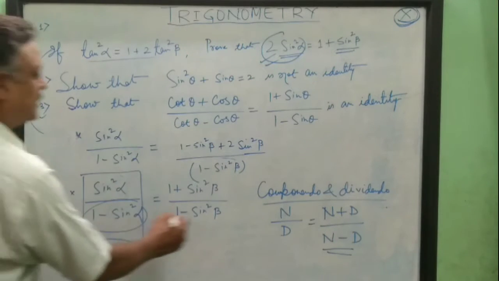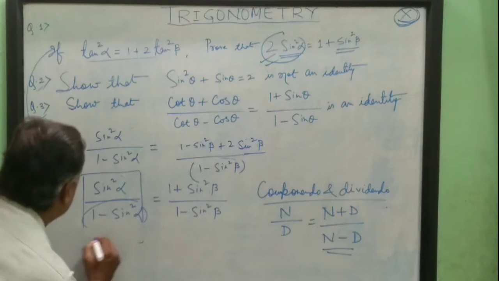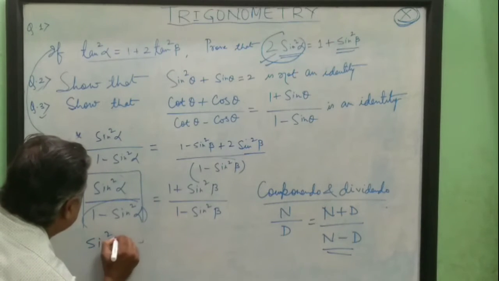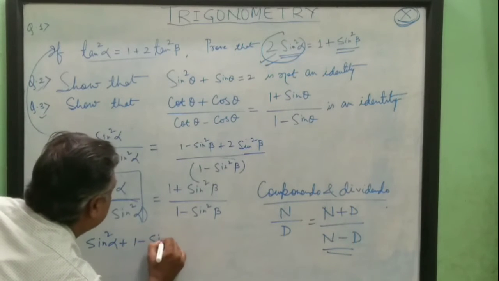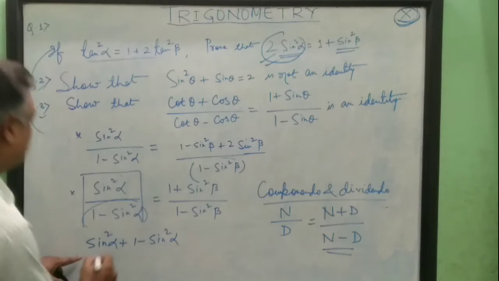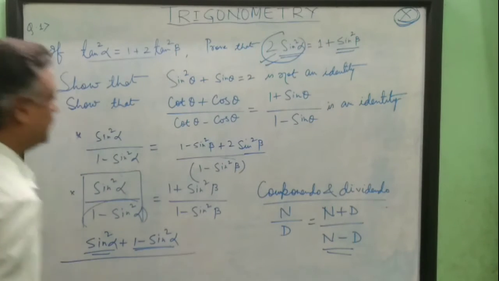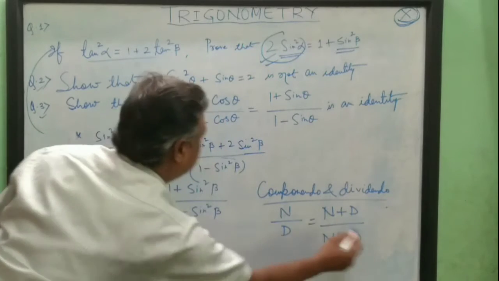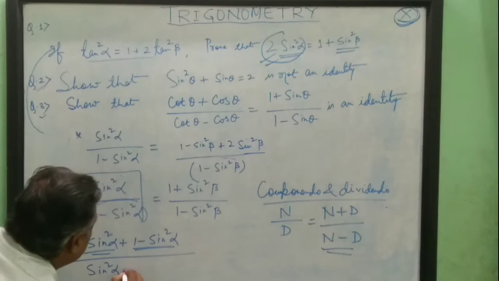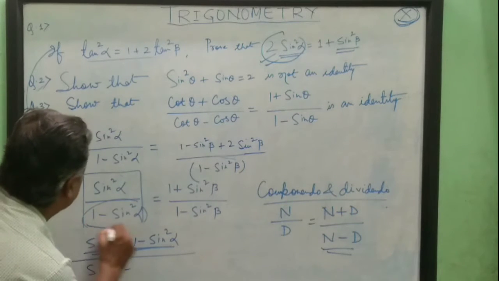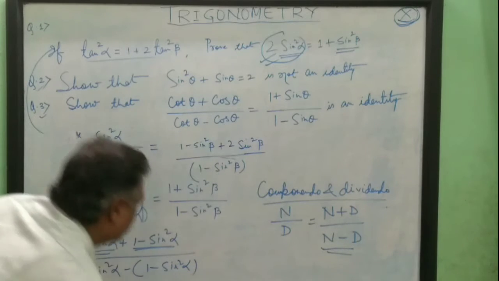So here applying componendo and dividendo. So this becomes sin square alpha plus 1 minus sin square alpha, numerator plus denominator, and whole divided by numerator minus denominator. So this is numerator minus denominator, 1 minus sin square alpha.